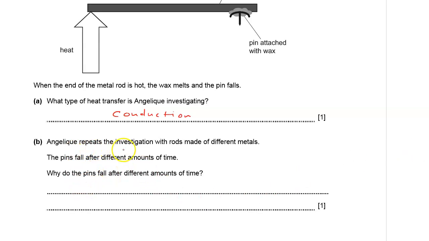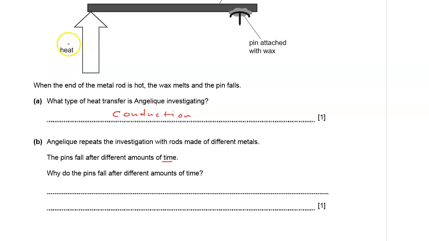Angelic repeats the investigation with rods made of different metals. The pin falls after a different amount of time. Why does the pin fall after a different amount of time? Of course, the rate of conduction of heat through different metals is not the same.